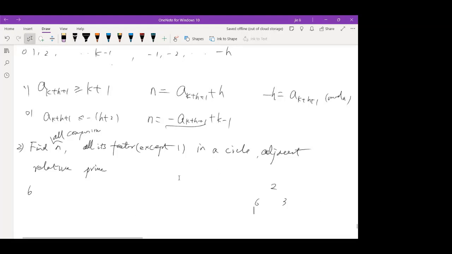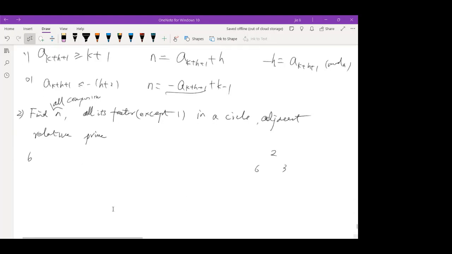And just by trying this one, you already get some hint. You must have more than 2 prime factors. If 1 factor, it's very easy to show this is not possible. And with more than 2 prime factors, how do we arrange them?